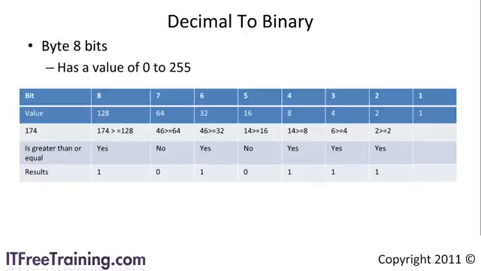All columns after this will equal 0 since there is no remainder to subtract from the column value. This gives us a binary value of 10101110. Using this method, you can quickly and easily convert any decimal number into a binary number.